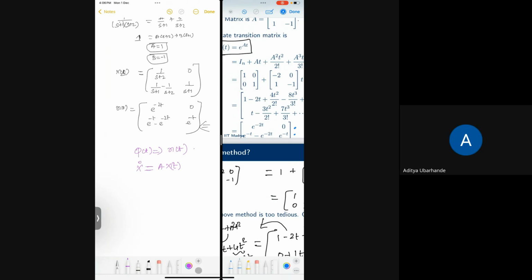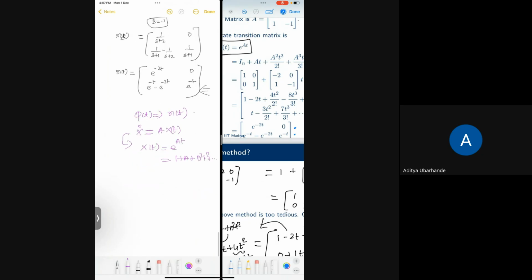So instead of finding x of t using e power at equal to 1 plus at plus A squared t squared plus etc., we are going to use these steps. One, first we need to find the sI minus A inverse. While finding this, if required, we will use the Laplace transform.